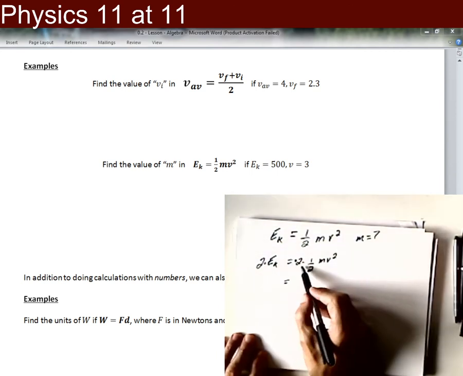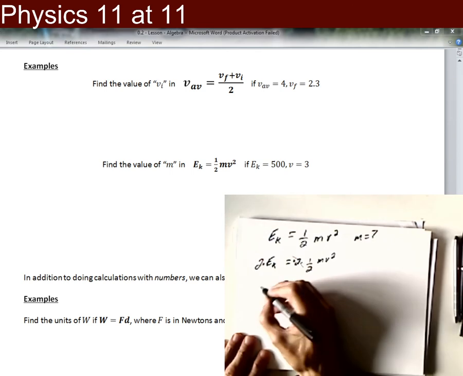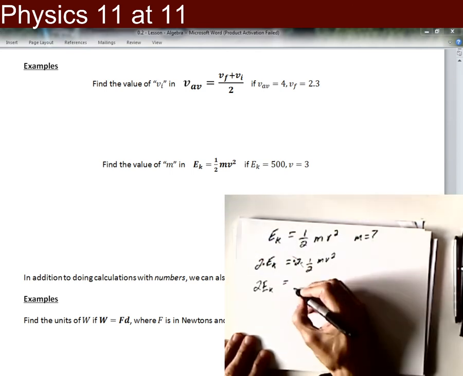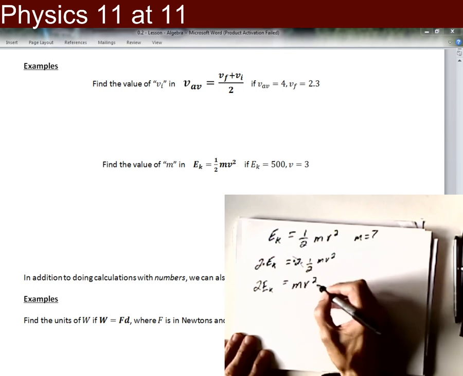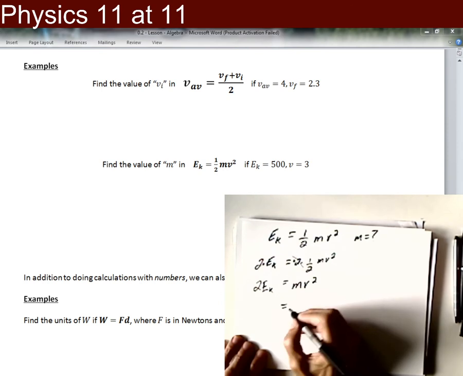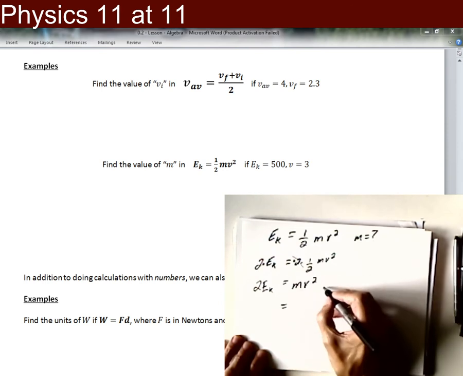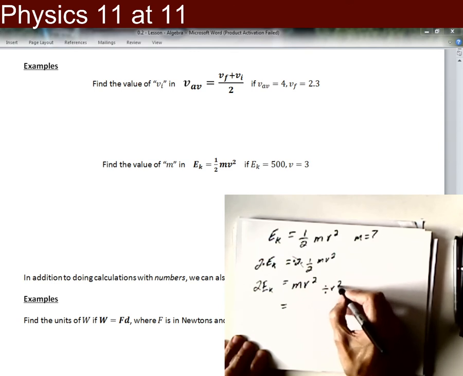That shows the meaning. This is the math. So these 2's can divide out, and we're left with 2Ek equals mv squared. Solving for m. So notice, v squared is like a thing. So we can divide by v squared.